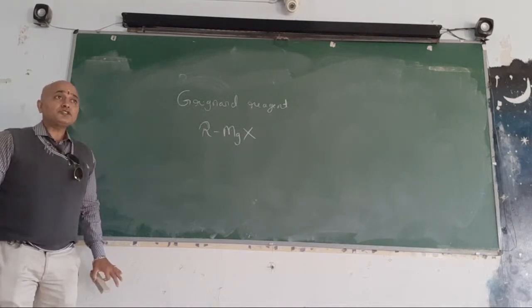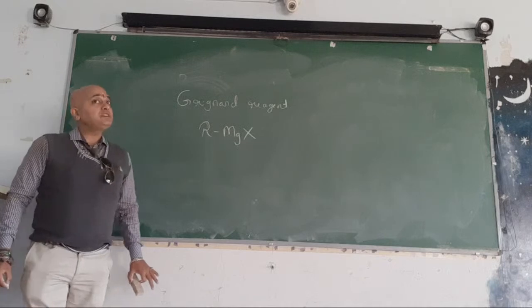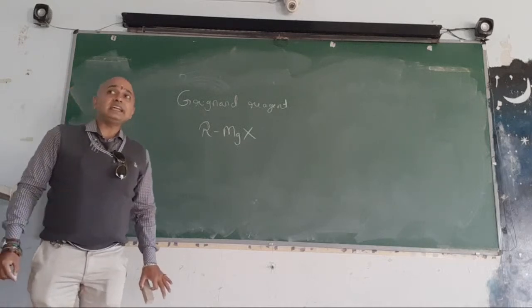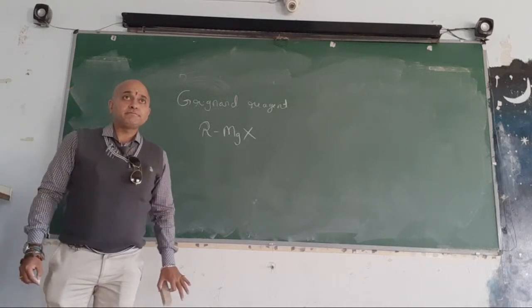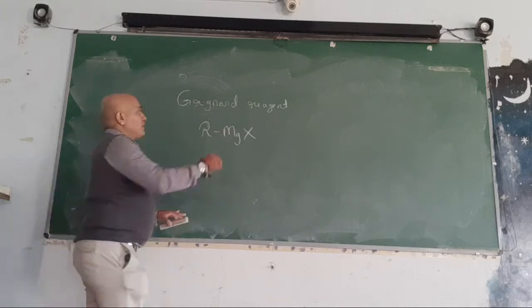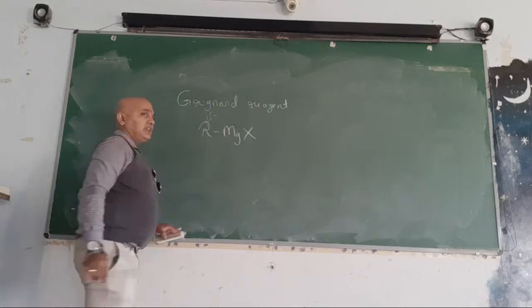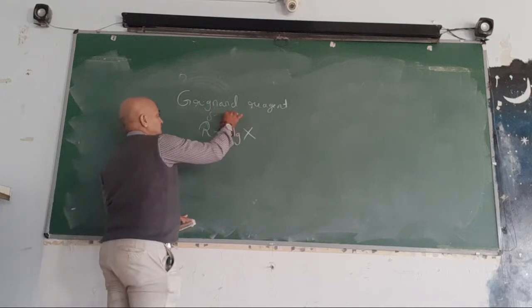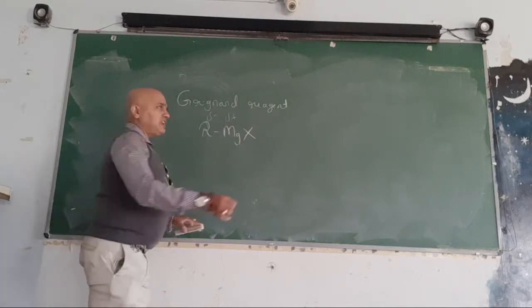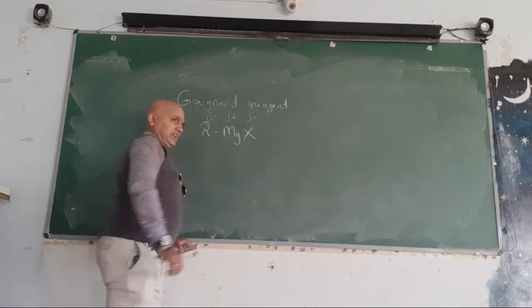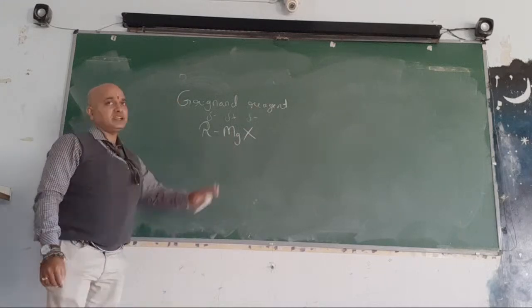Now, when it comes to Grignard reagent, which is the positive and which is the negative part? Good. Mg is positive, and this will be negative. This is absolutely correct.